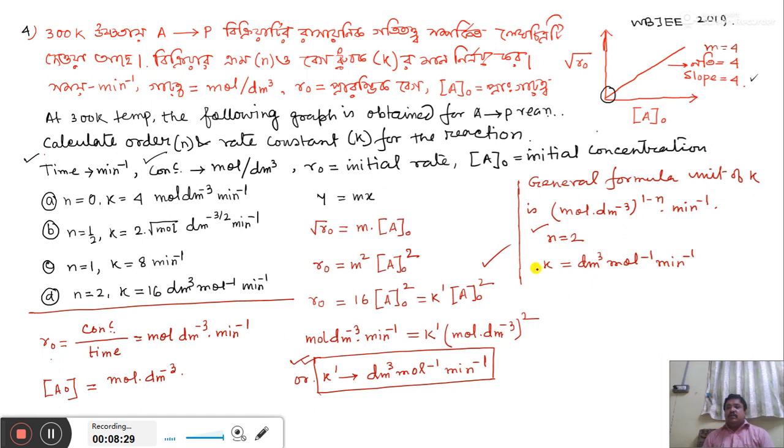So this unit indicates the unit of K dash. So order of the reaction is 2 and value of rate constant K dash is 16 decimeter cube mole inverse minute inverse. So option D is the correct one.